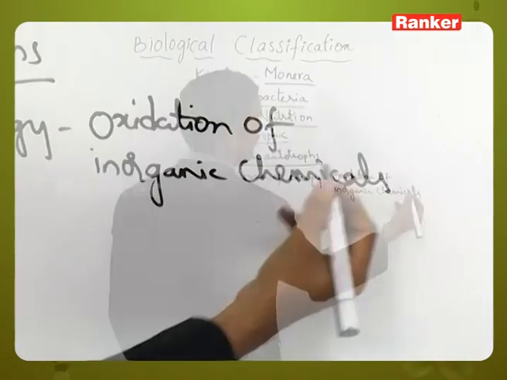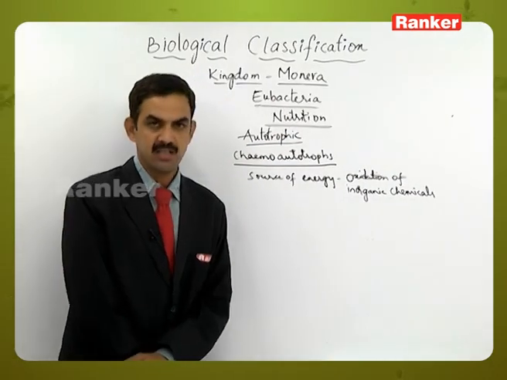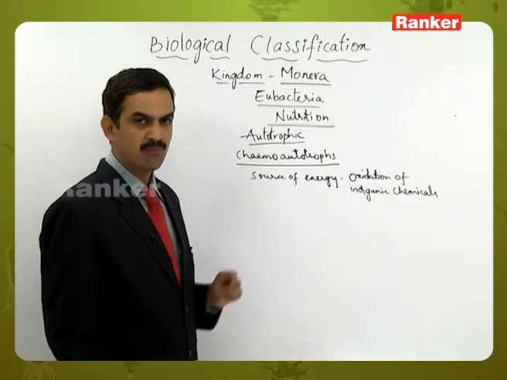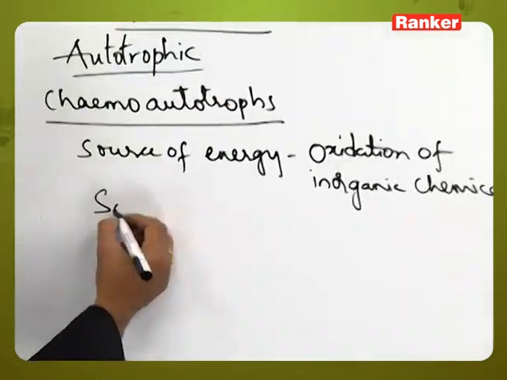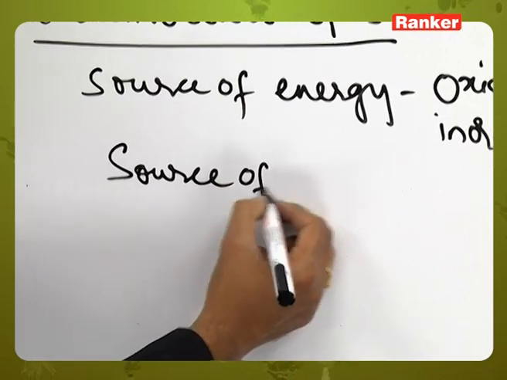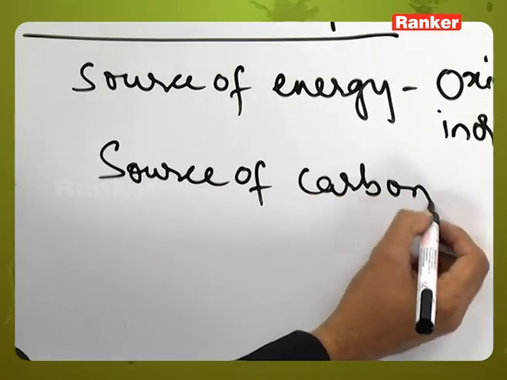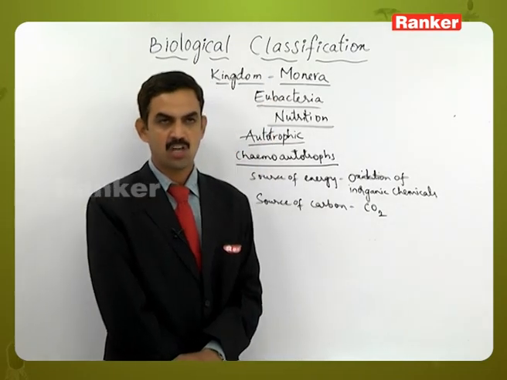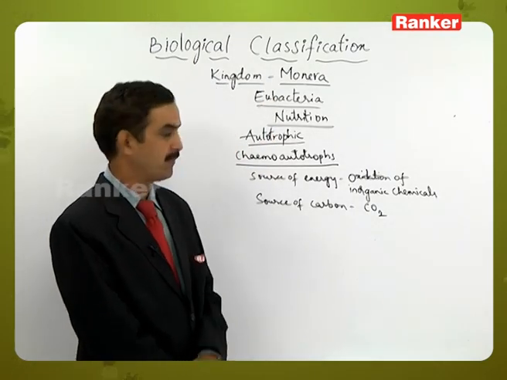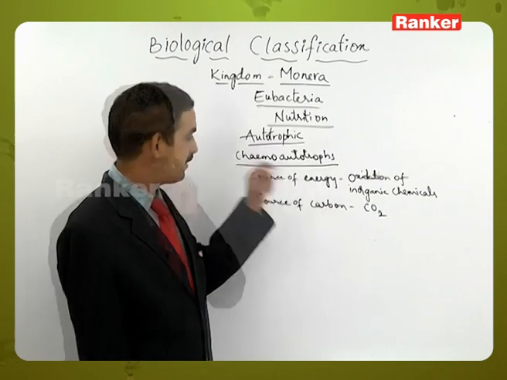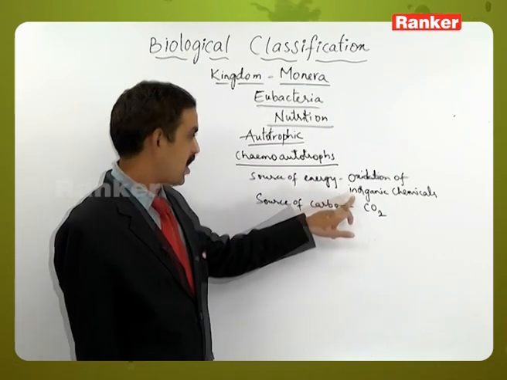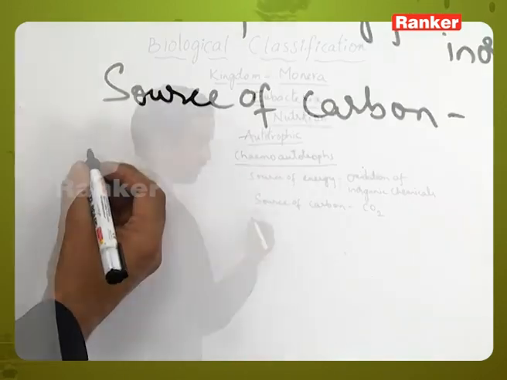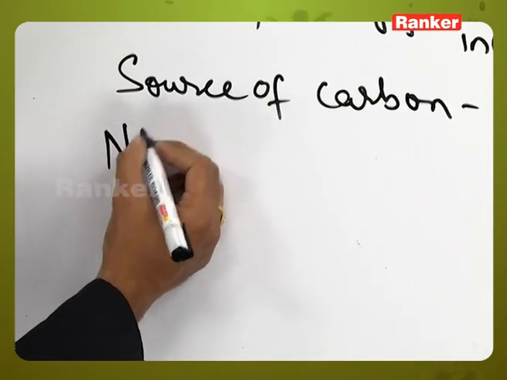When the inorganic chemicals are oxidized, they release some energy. That energy is useful for performing photosynthesis. And the source of carbon is carbon dioxide from the atmosphere. Based on the type of chemical which is oxidized, they are further divided into different types, like nitrifying bacteria.